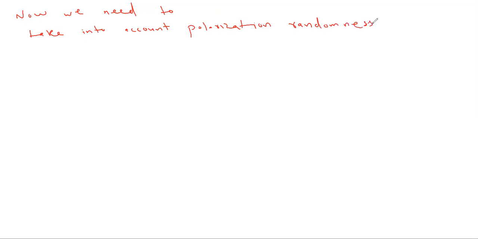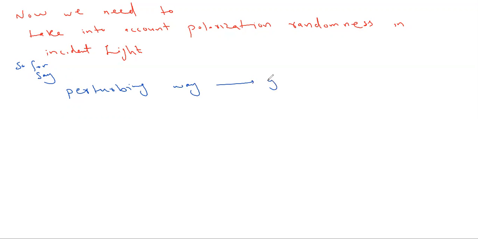Now we need to take into account polarization randomness in the incident light, because so far we have only assumed that the perturbing wave is coming in along the y-axis, with polarization along the z-axis.